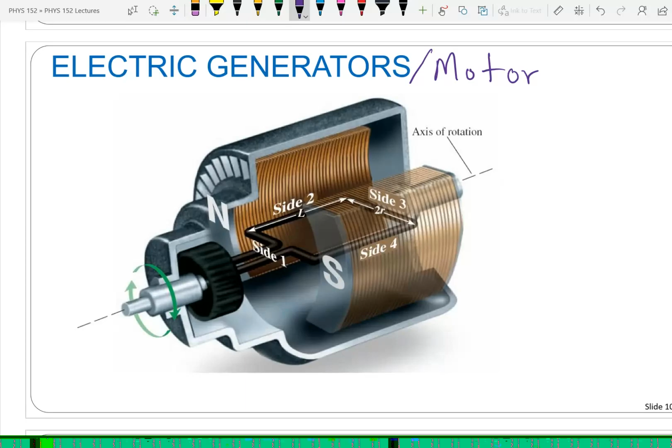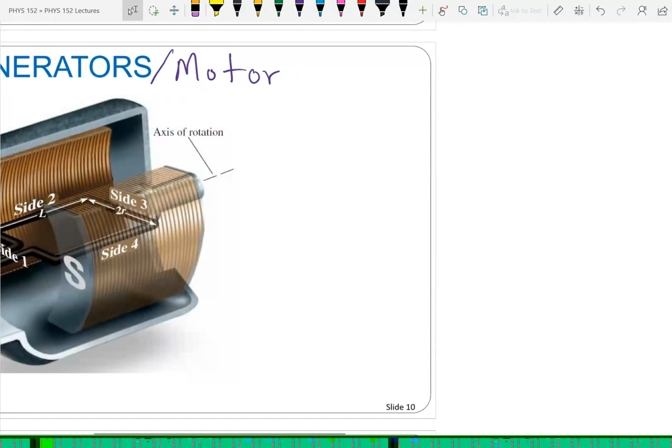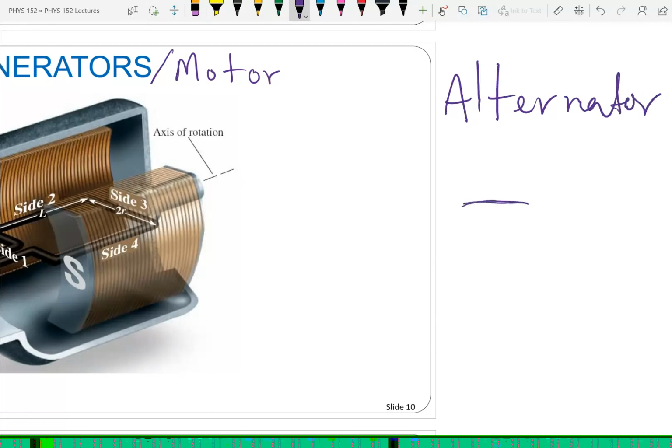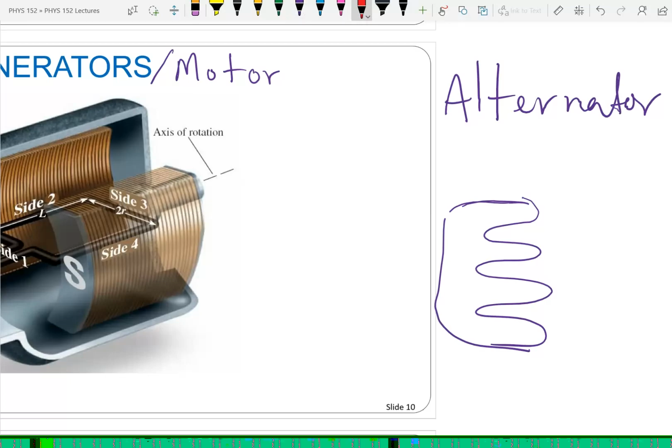The difference in a generator and an alternator is that in the generator, you have a fixed magnet and you're rotating your coil. In an alternator, you have an electromagnet that has interleaving fingers on it, if you will.